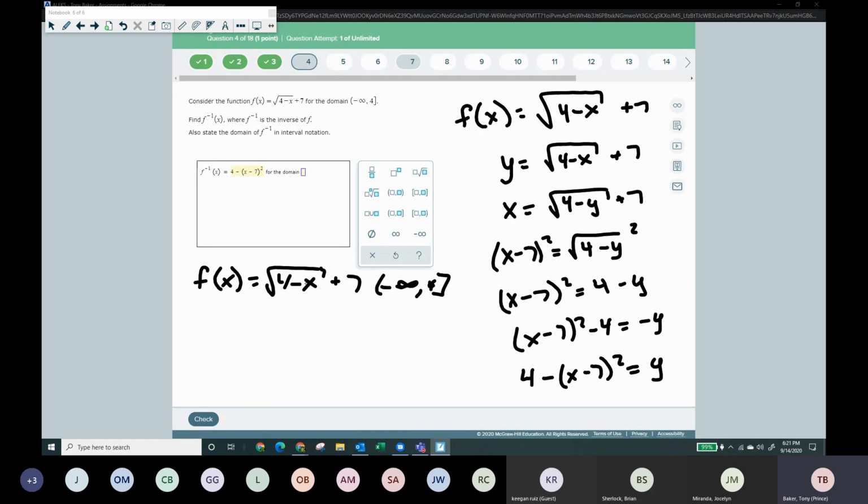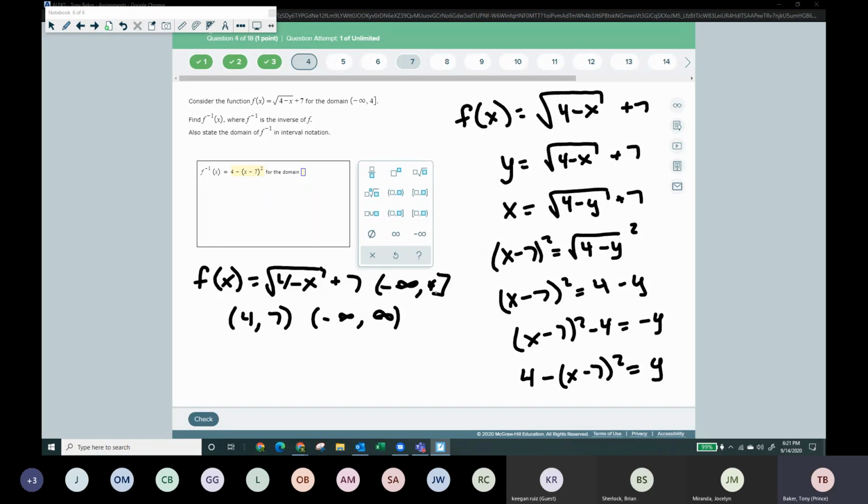When I plug in the 4 here, the square root goes away, and all I'm left with is the 7. So the first point is 4, 7. If I plug in negative infinity to this, the square root goes to infinity. So that means it goes to infinity.